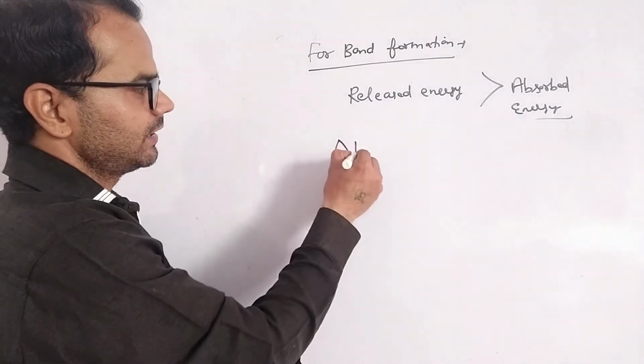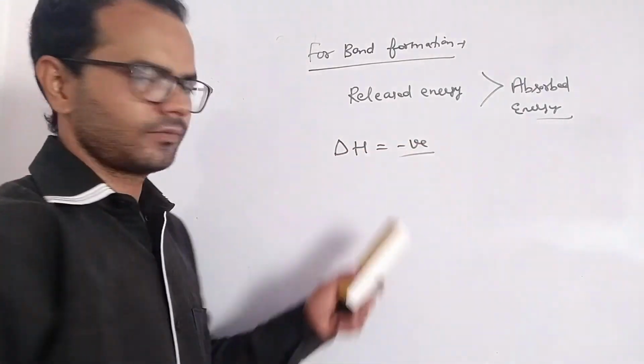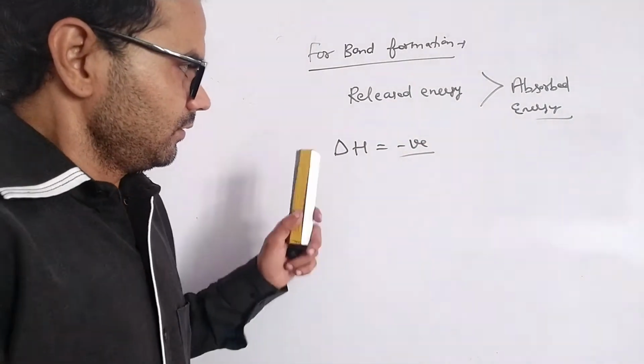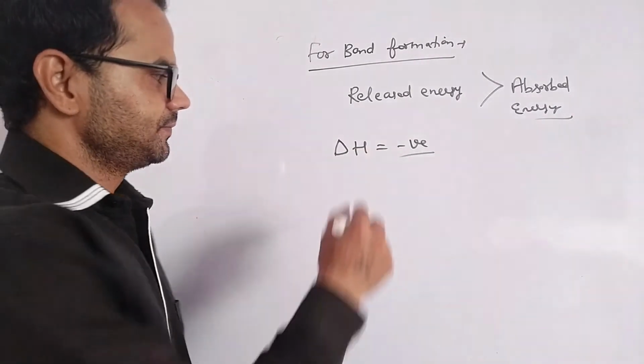Overall heat delta H must be negative. Let us understand it more.